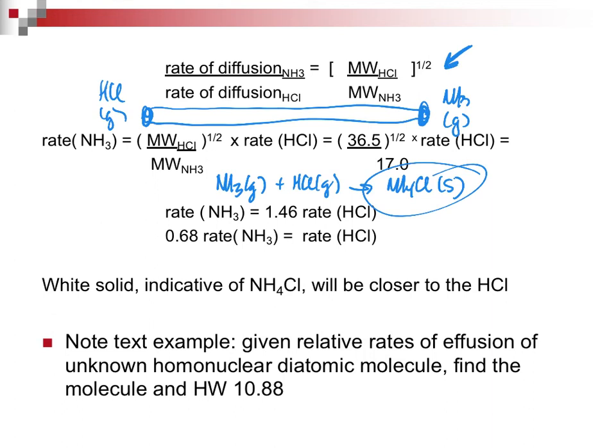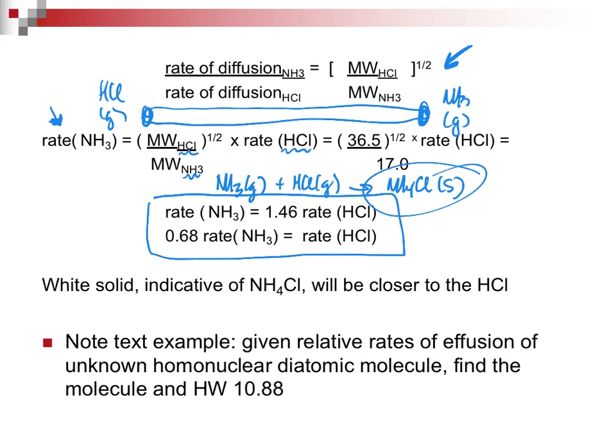Here I'm looking at the rate of NH3. It's equal to the square root of the molecular weight of HCl divided by NH3 times the rate of HCl. When I put my numbers in, I get two different answers. One of them says ammonia is moving at 1.5 times the rate of HCl, or 0.68 times the rate of NH3 is equal to the rate of HCl.